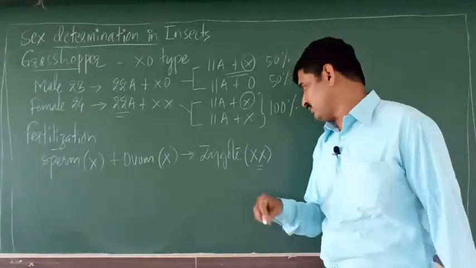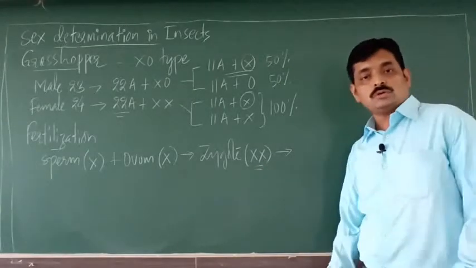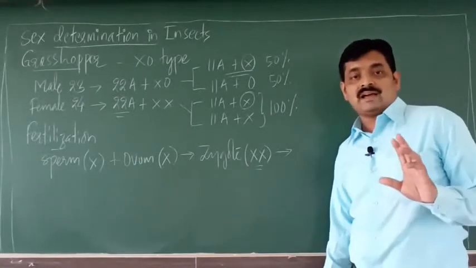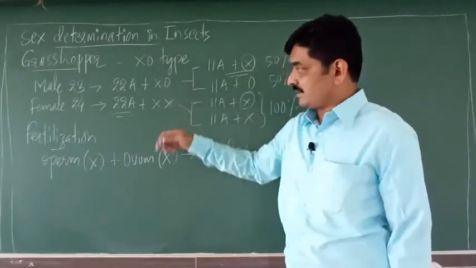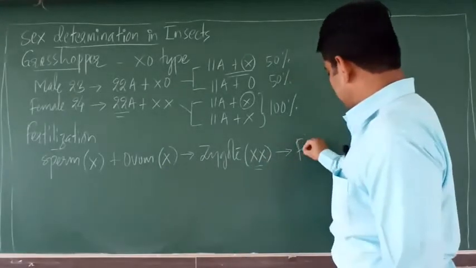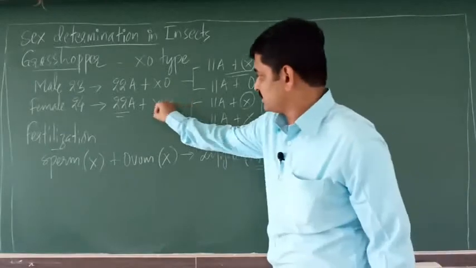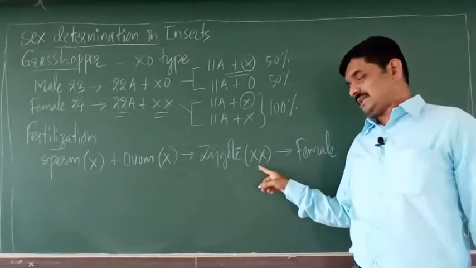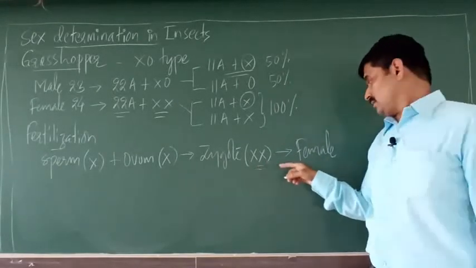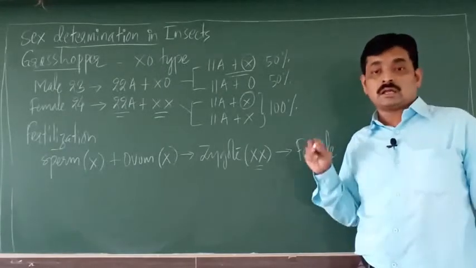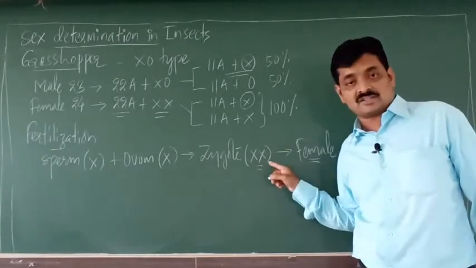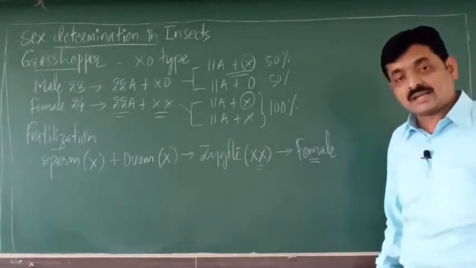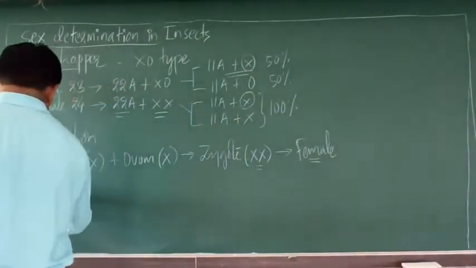So this zygote, can you tell me now, develops into which sex? A pair of X chromosomes are found in a female. So this zygote develops into an offspring which will become a female grasshopper with a pair of X chromosomes along with 22 autosomes.